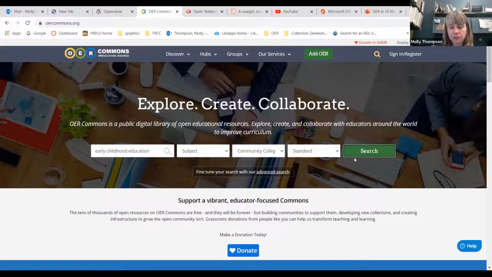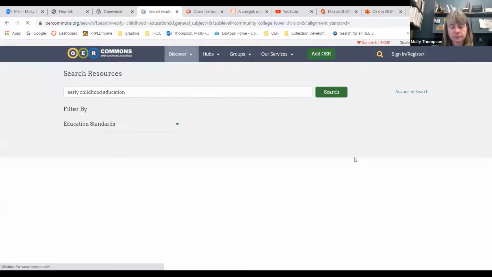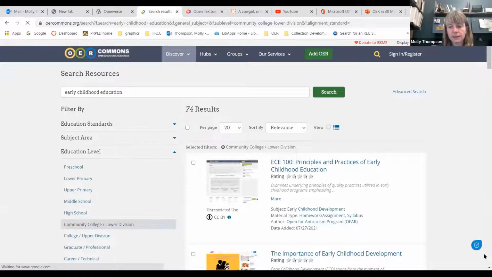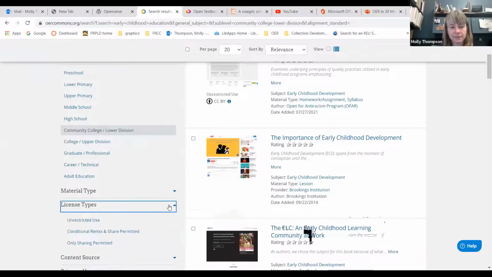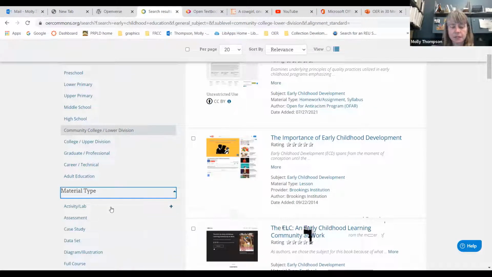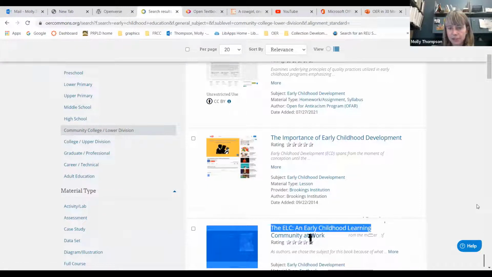And then I'm going to do search. And then, so here I got my results. Again, I can kind of limit on the left. I have license types that you can take a look at, material types. So again, you can do labs, assessments, case studies, whatever you're interested in.